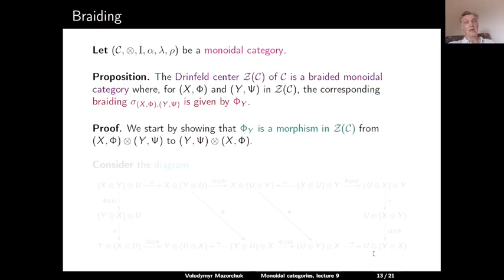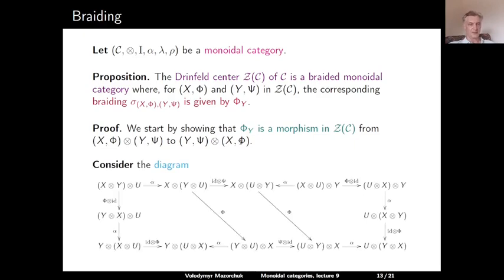Proof? Let us first show that φ evaluated at y is a morphism in the Drinfeld center from the tensor product of (x, φ) and (y, ψ) to the tensor product of (y, ψ) and (x, φ). For this, we consider the following big diagram.